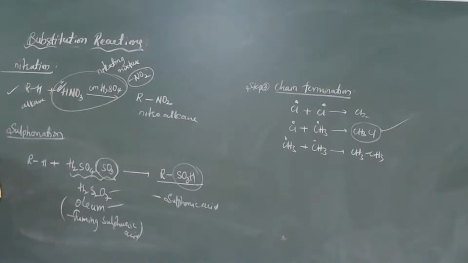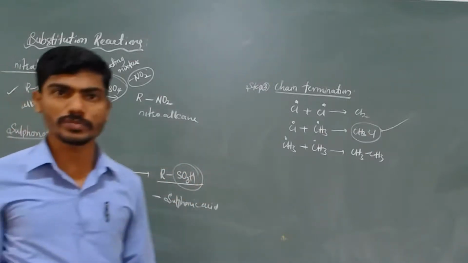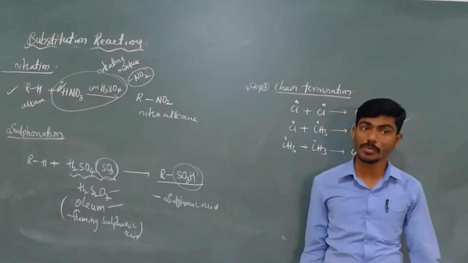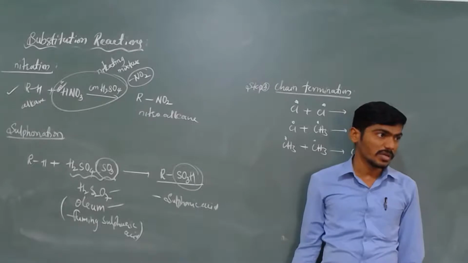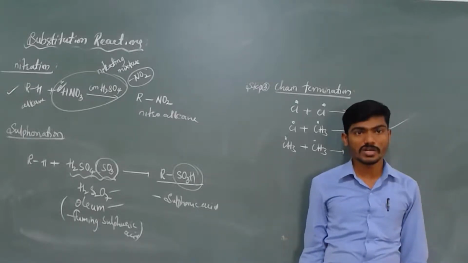Nitration and sulfonation: these reactions will be repeated at the next higher level as electrophilic substitution reactions, because electrophiles are going to substitute, particularly in the case of benzene and aromatic compounds. There is generation of electrophile, attack of electrophile, and deprotonation.